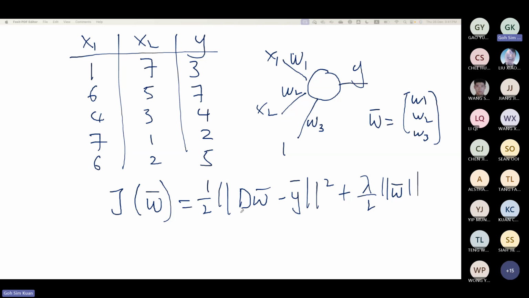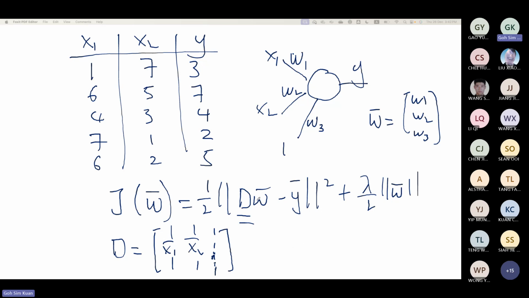We need to define what our D is. To build our data matrix D, we will copy from X1 bar and X2 bar, and we append it with a column of 1s. Of course, in the final exam, you write down the values explicitly.